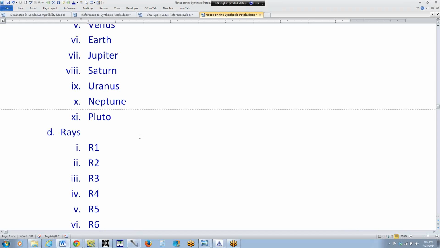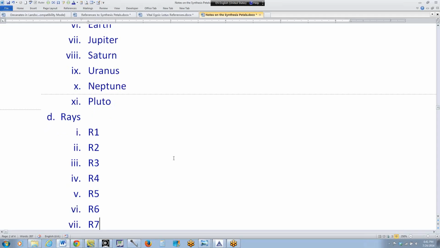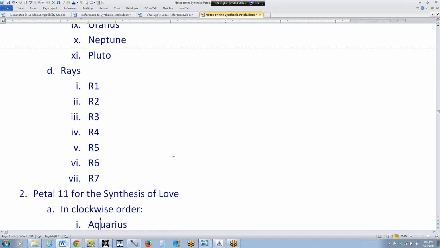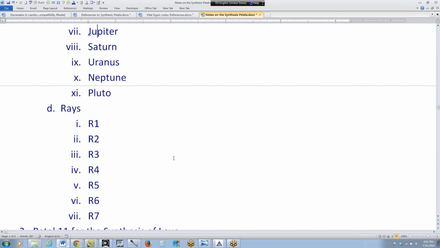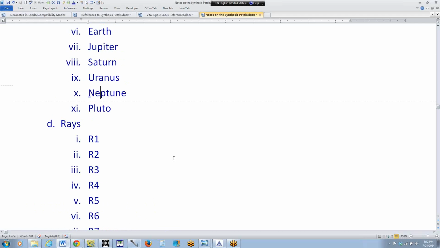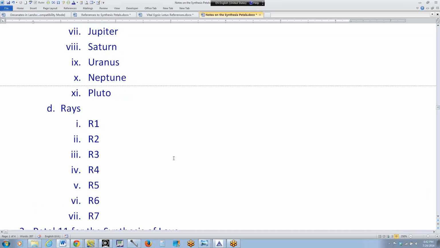This will be a little longer because it has some of the introductory material. Well, there are certain rays that are rays of synthesis: Ray 1, 2, and 3, 4, and 7. And we could probably find ways in which petal number 5 and 6, too, will contribute to the synthesis. In fact, we already have mentioned something of that.